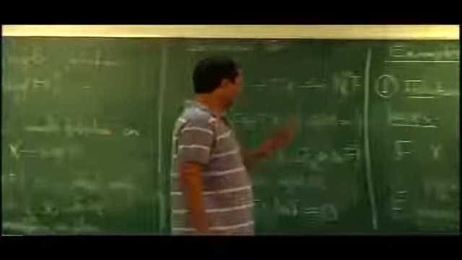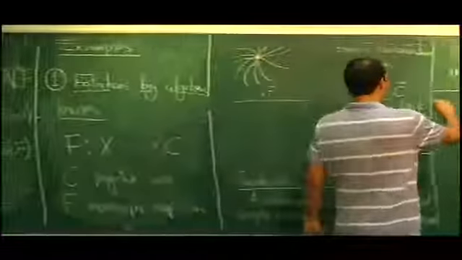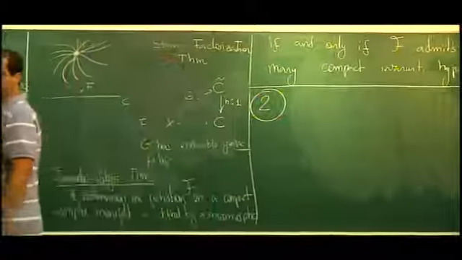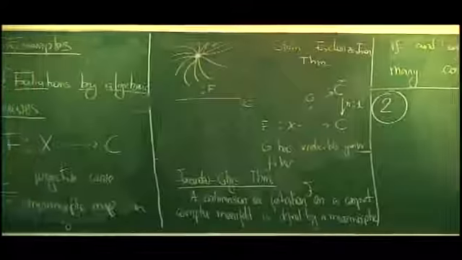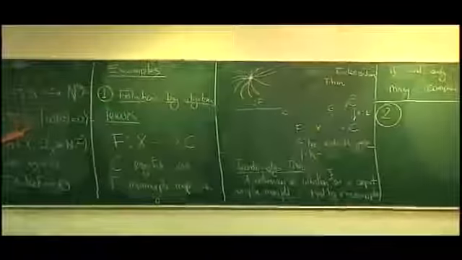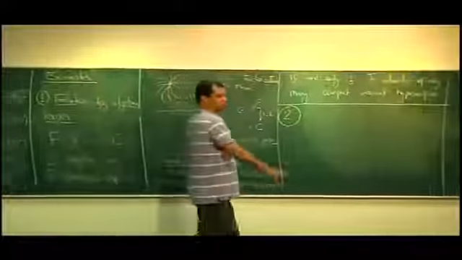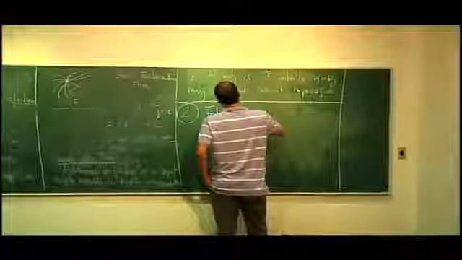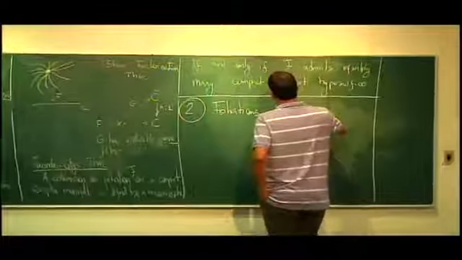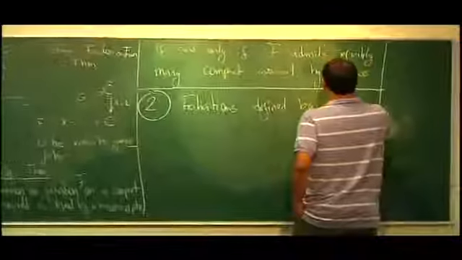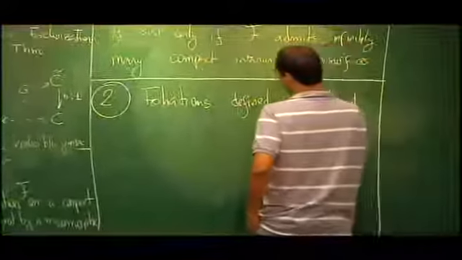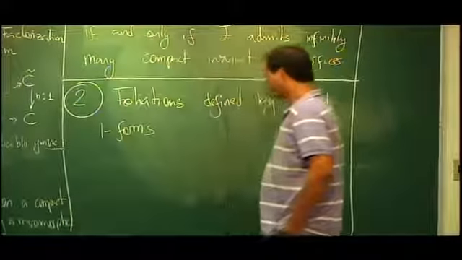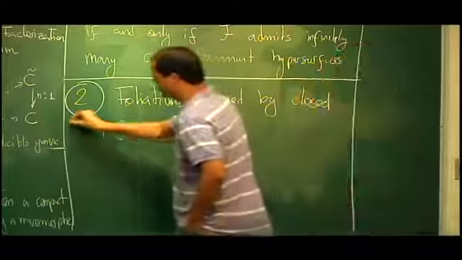Okay, and the next class of examples that I would like to discuss can be seen as a natural generalization of this one. These are the foliations defined by closed meromorphic one forms.